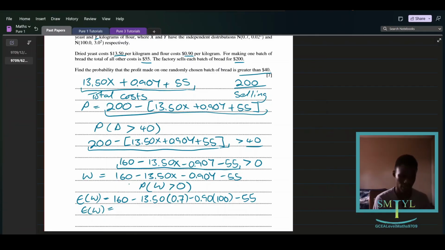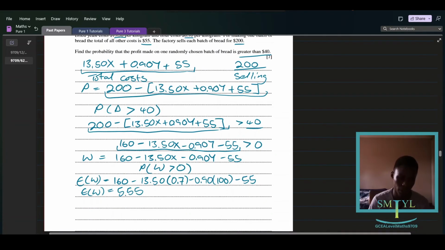Let's punch this into our calculator: 160 minus 13.50 times 0.7 minus 0.90 times 100 minus 55, and that gives us 5.55. And now let's find the variance of W.